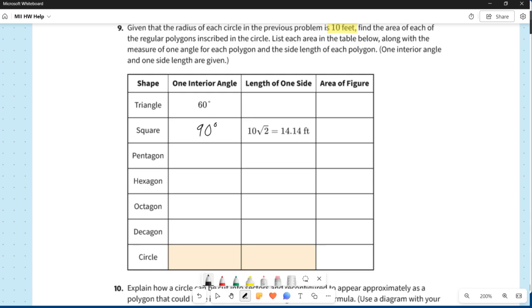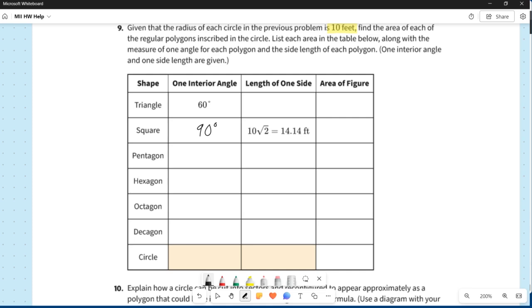So let's take the easy points where we can find them. Squares have right angles, so the interior angle of the square is 90. We could also calculate that, but we all know it's 90, so let's just put it and move on with our lives. All right, pentagon, here's where we actually have to start doing some work.